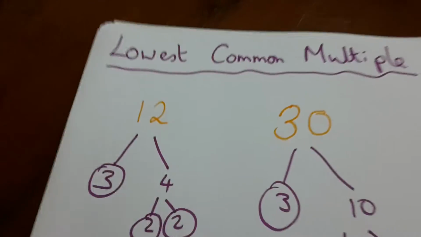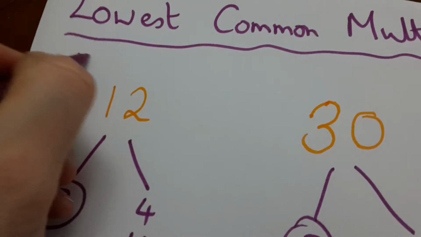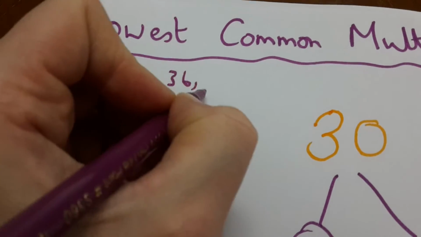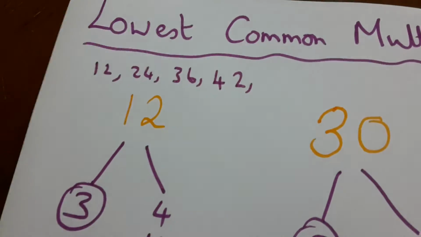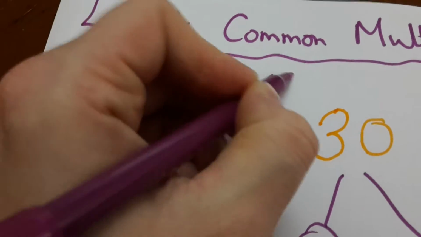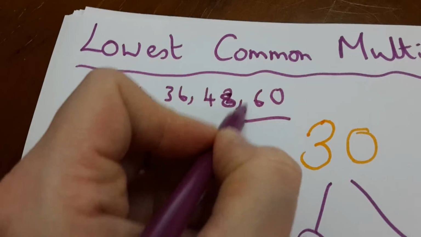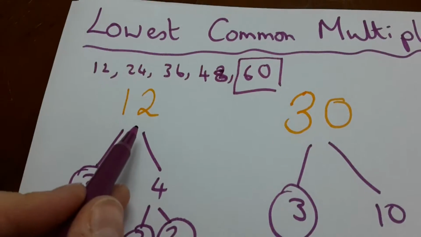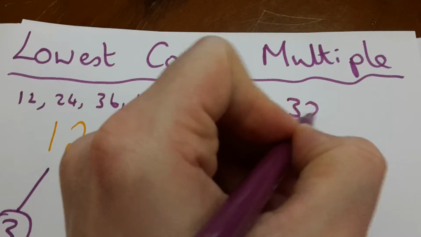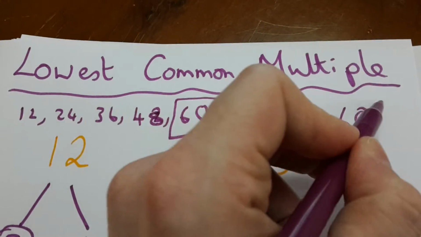So now, as a double check, I could just write them out quickly. 12, 24, 36, 48, 60. Perfect. So I know 60 is definitely in the 12 times table. So 60 is a multiple of 12. And then 30, 60.